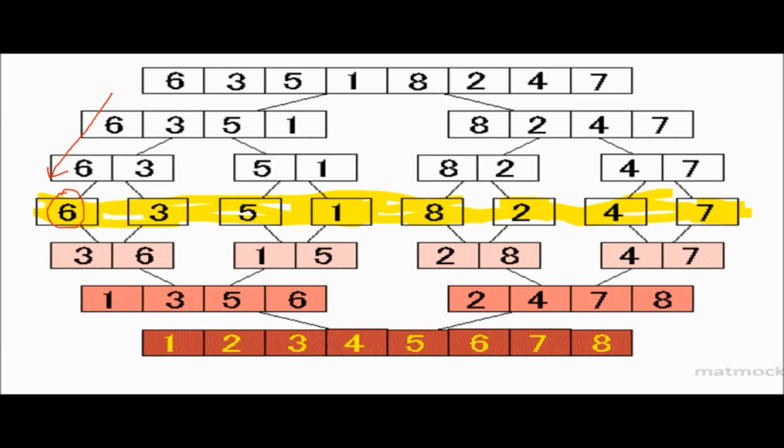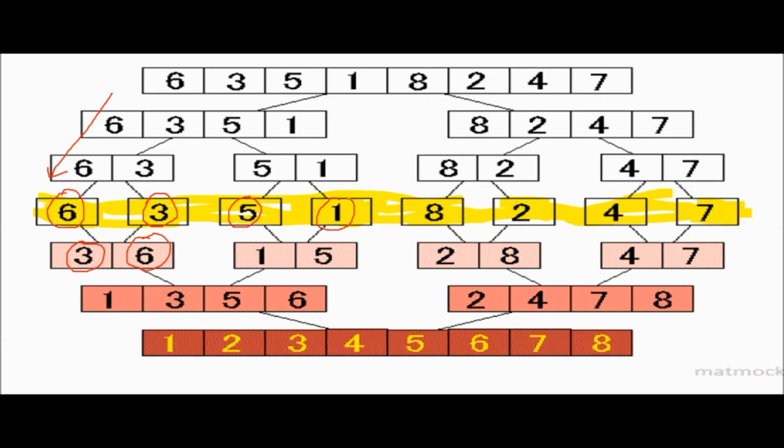That means when we are merging 6 and 3, we compare them, and the smallest element will be added first, followed by the largest element. Hence, the merging of 6 and 3 will be done as 3, 6. The same rule follows for 5 and 1.